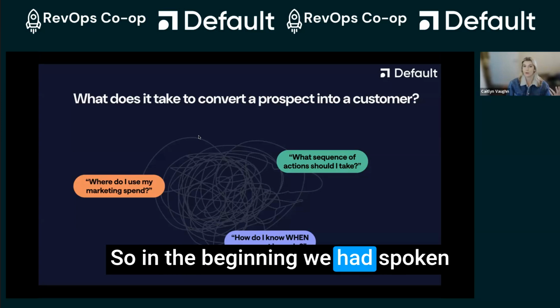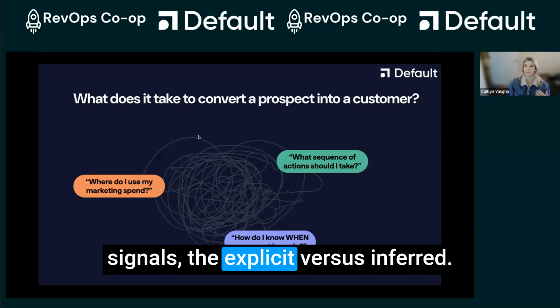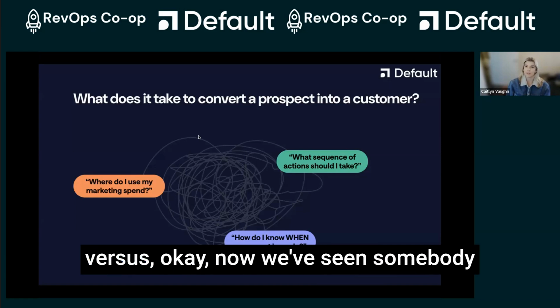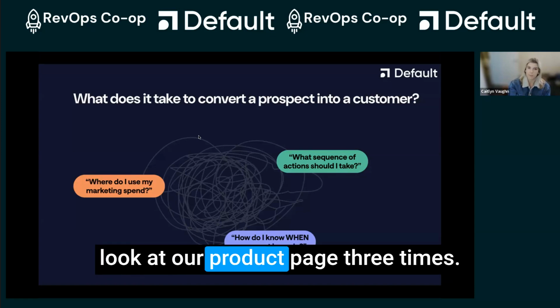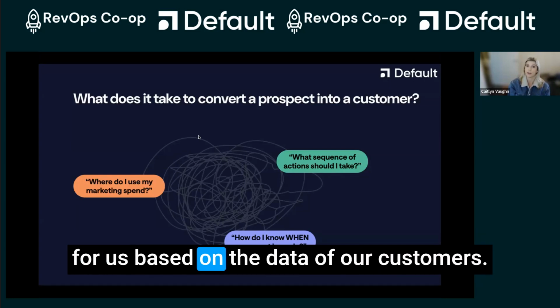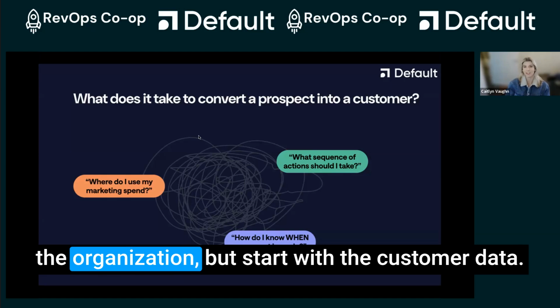So in the beginning, we had spoken about the different levels of intent signals, the explicit versus inferred. So being able to reach out to people who are directly booking a call versus, okay, now we've seen somebody look at our product page 3 times and we know that's a very strong signal for us based on the data of our customers. So yeah, I would say it depends on the organization, but start with the customer data.